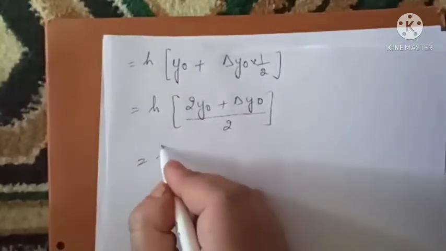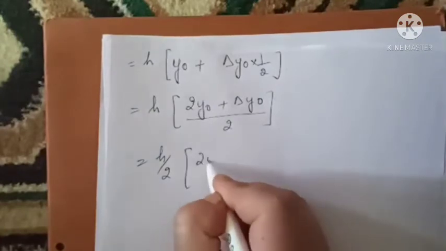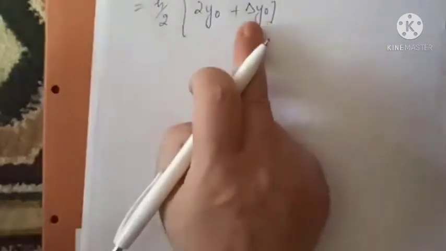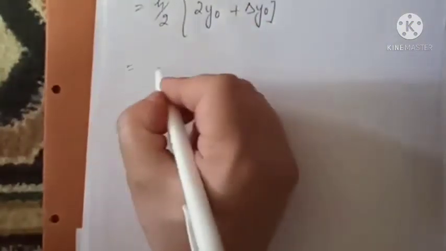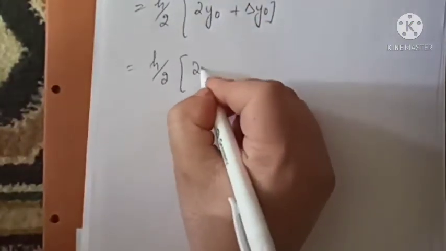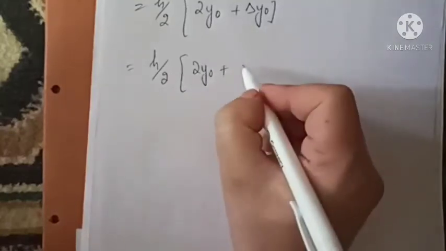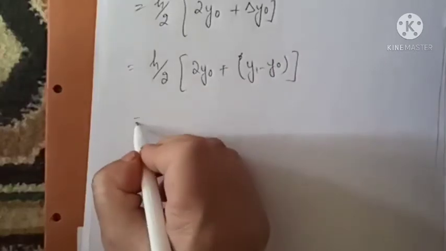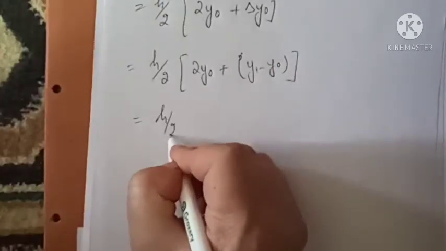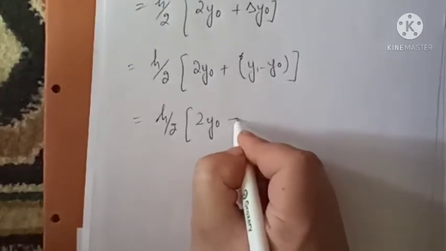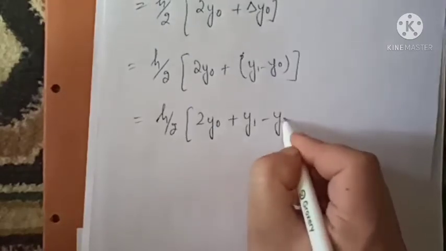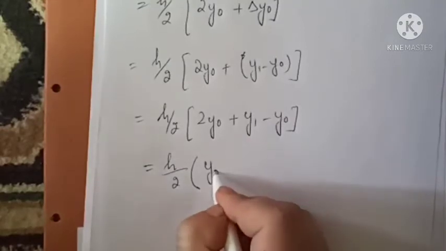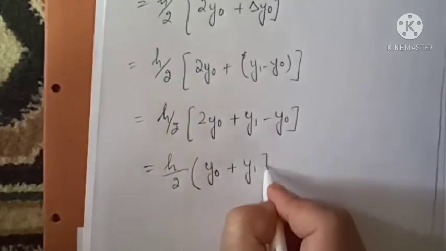We can keep this 2 out, so we are having h divided by 2 times (2 y0 plus delta y0). Now we can simplify this: delta y0 is equal to y1 minus y0, so it becomes h divided by 2 times (2 y0 plus y1 minus y0), which will be equal to h divided by 2 times (y0 plus y1), isn't it?